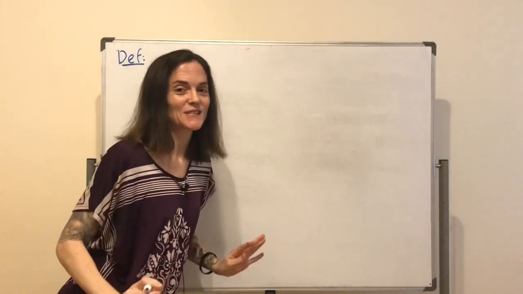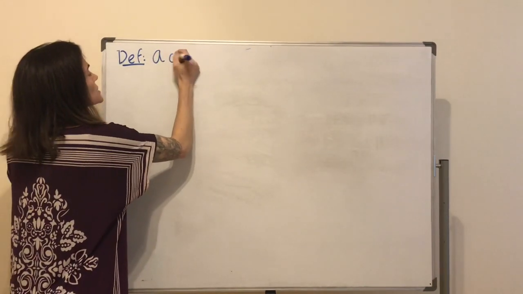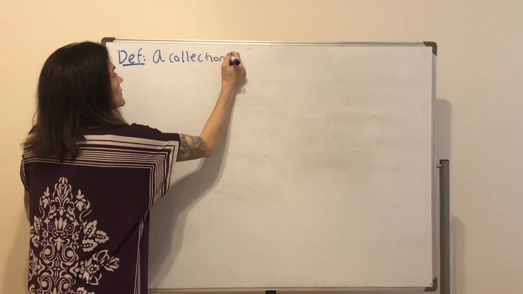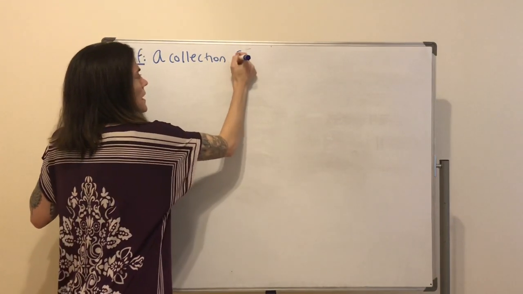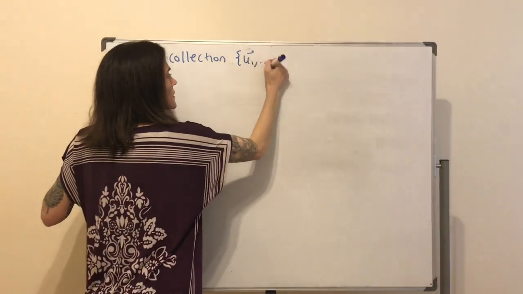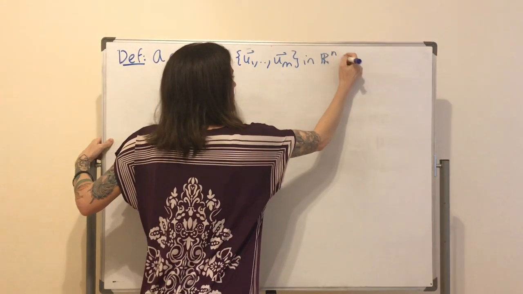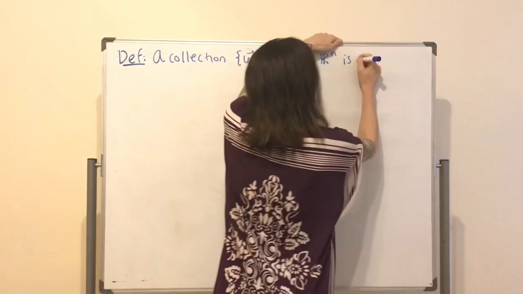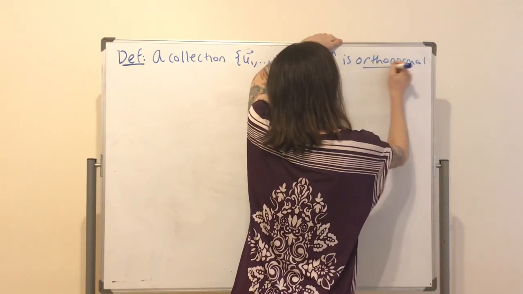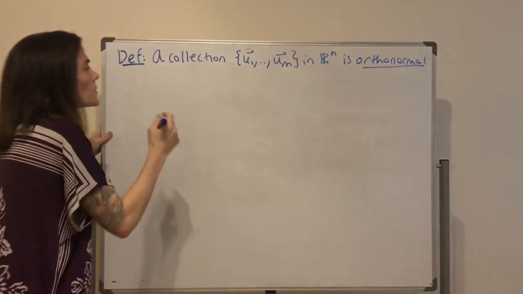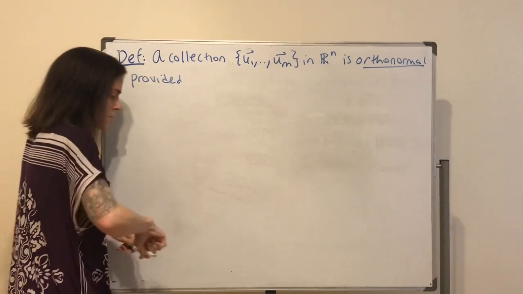Now we'll move into the orthonormal bases. The definition: a collection of vectors, let's say I call them U1 to UM in Rn, is what's referred to as orthonormal provided, well, we need two things to be orthonormal.